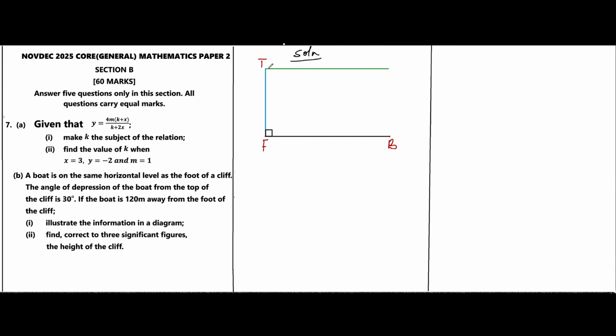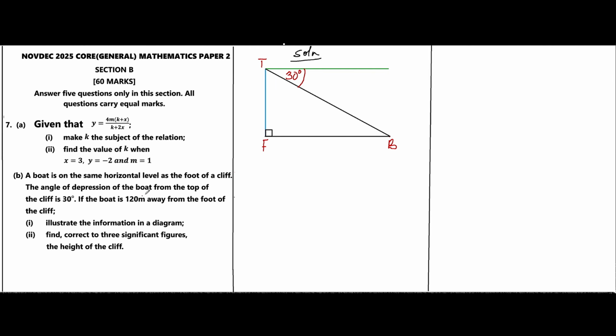And we know that any angle below the horizontal line of sight is the angle of depression. So the angle below the horizontal line of sight is the angle of depression, which is giving us 30 degrees.